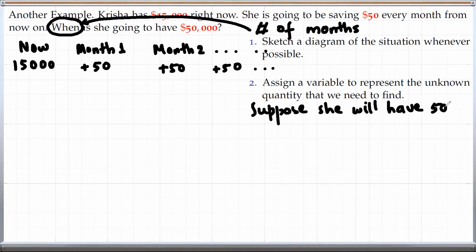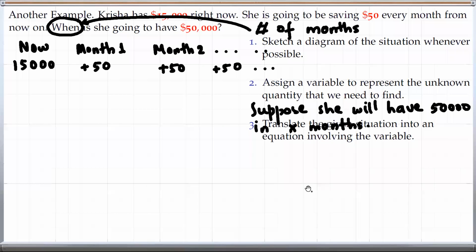Now, based on this, we want to create an equation. So translate this situation into an equation, basically.